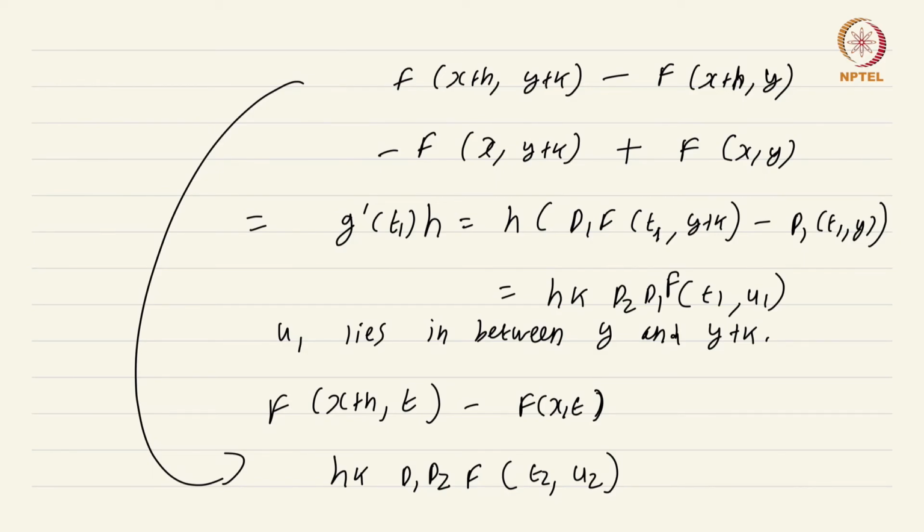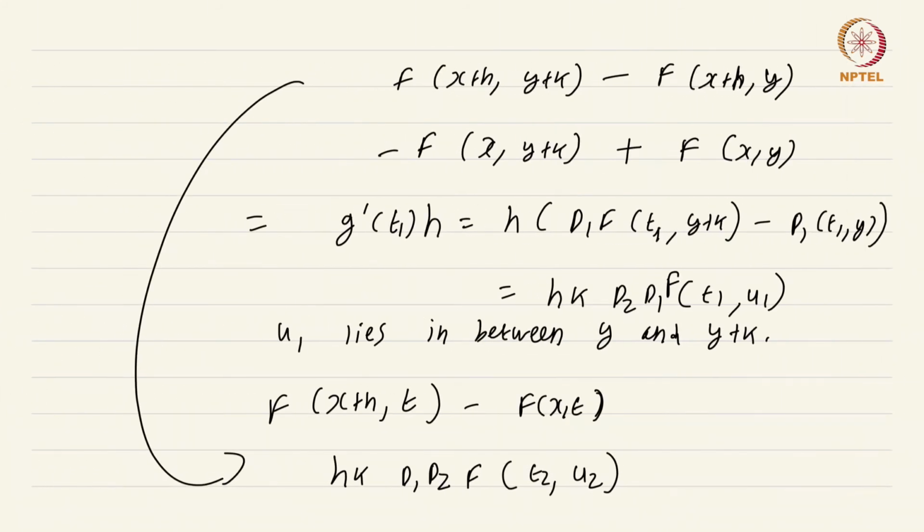Okay, so the net upshot is, let me go back and refer to the previous one. Yeah, hk d2 d1 f of t1 u1 is equal to hk d1 d2 f of t2 u2.